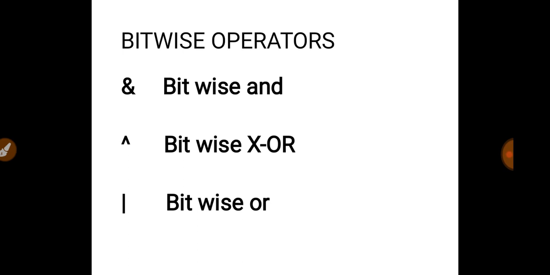These operators actually compute on the binary numbers of any number. So the next category of the operators is the shift operators, and that is the left shift and right shift.